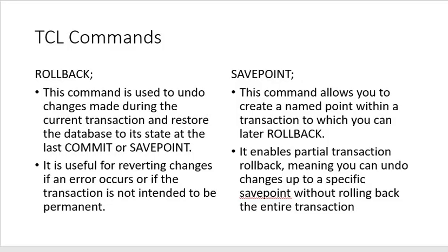Then the other command is savepoint. We have worked very well and you think everything is correct, or have confirmed that everything is correct. You use what is called the savepoint. This allows you to create a named point within a transaction or within your operations, which you can safely roll back to later if mistakes are discovered, or if you think there are issues that have arisen during your working.